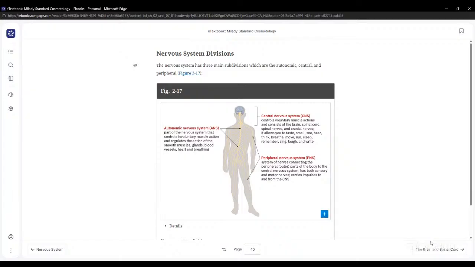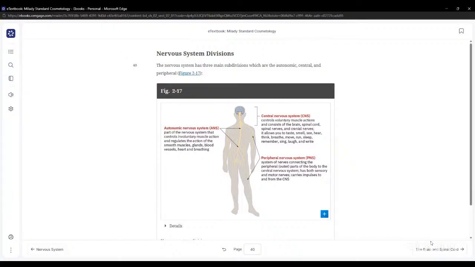The PNS, the system of nerves connecting the outer parts of the body to the central nervous system. These are sensory nerves, motor nerves. Will we smell? Will we touch? How do we recognize these impulses? Okay, that's on the outer edge of the body. So we have the inner senses, and then we have the outer senses.